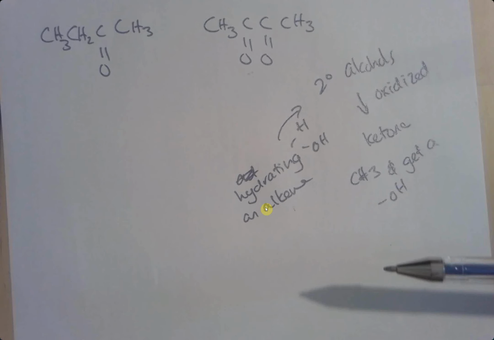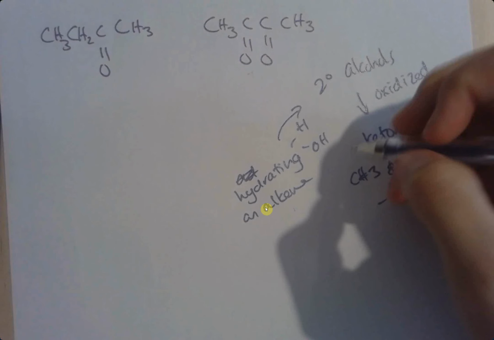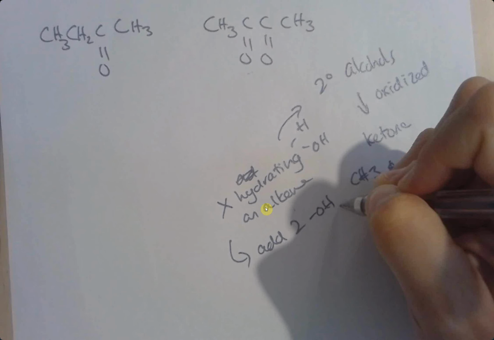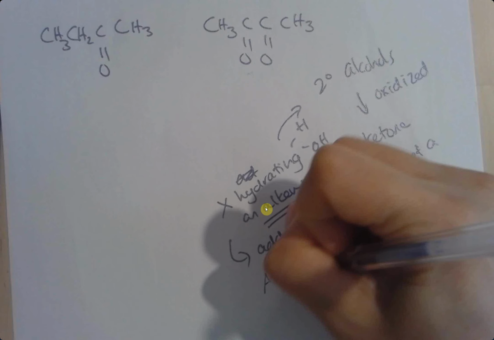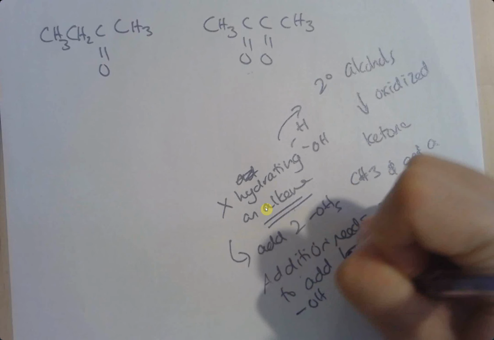Does that make sense? So what I want to do in reality is I don't want to necessarily hydrate it, but I want to add 2 OHs. So I do need to keep with that alkene model, but I need to have that addition reaction. Add OH to both.